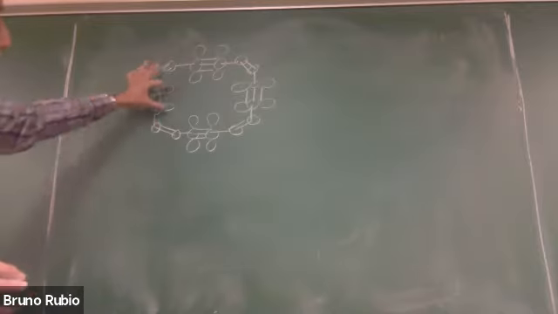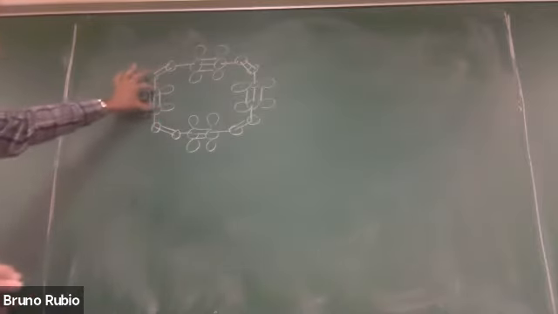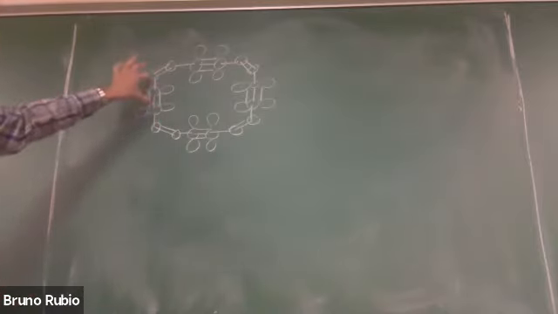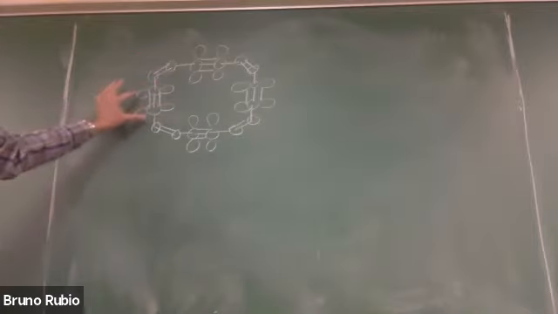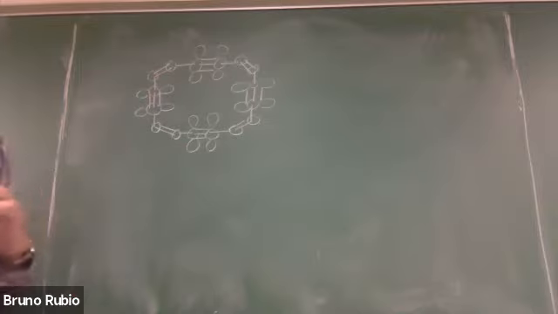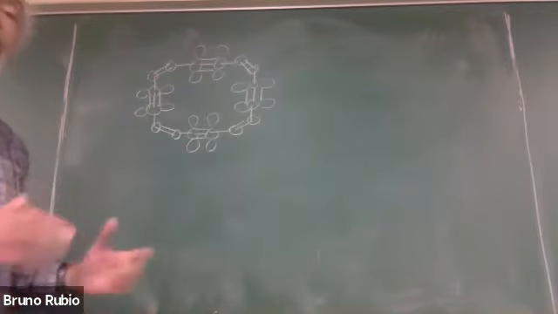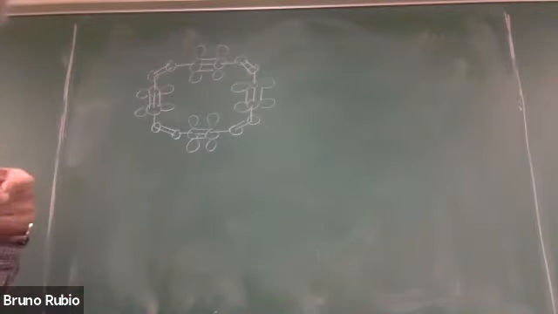So the in and out p orbitals, they are counted. The side-to-side p orbitals, they are not counted because they do not participate in the planar cyclic array.